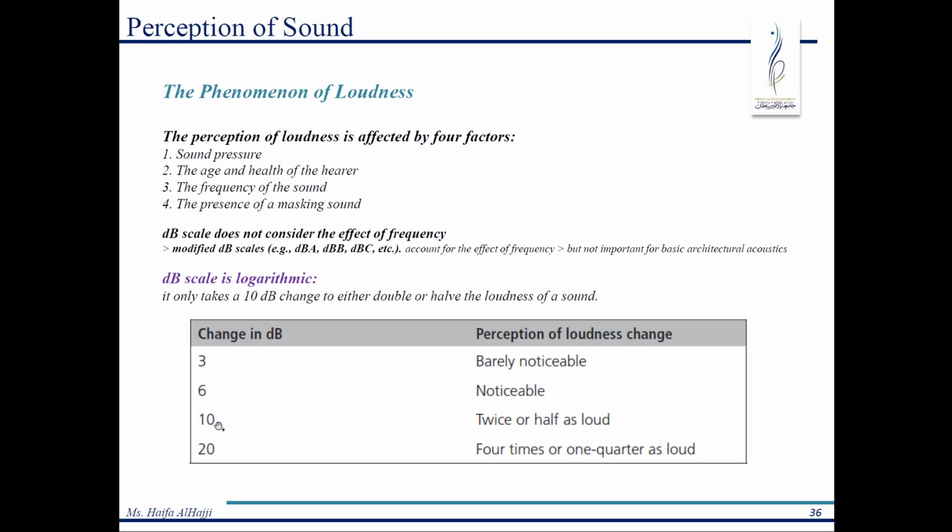Now 6 decibels, you will notice it. You will find the difference: this sound is louder than the other sound, there's a 6 decibels difference. But it's not going to be the same as 10, which is double the loudness. So you need to memorize this one, okay, and understand how each time I add 10, I'm going to multiply by 2. Okay.